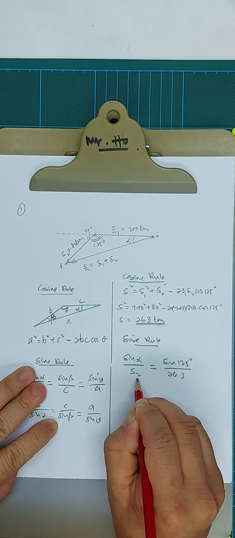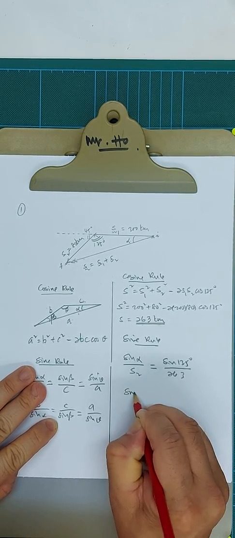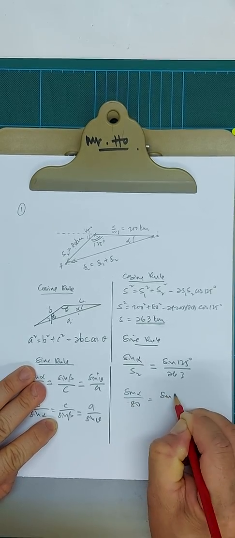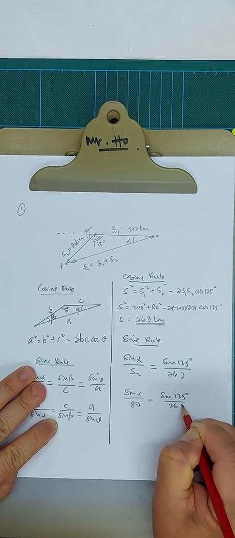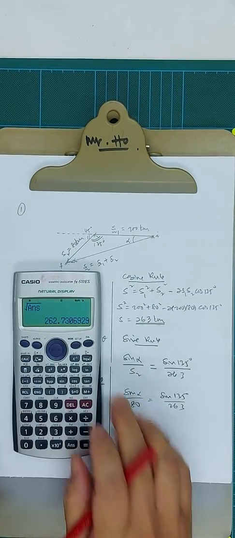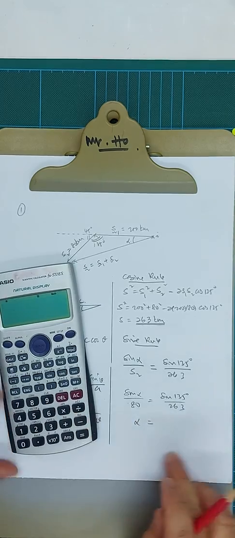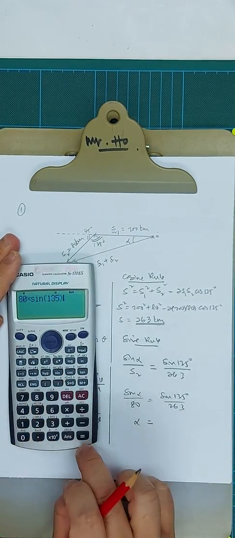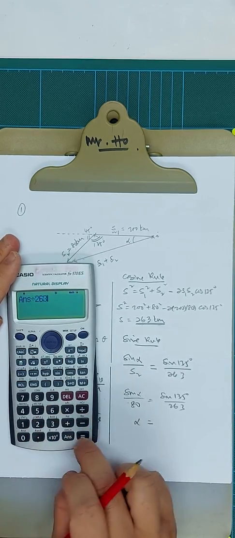So we put in the values: sine alpha over 80 is equal to sine 135 over 263. Solving for alpha, we take 80 multiplied by sine 135 and divide by 263.